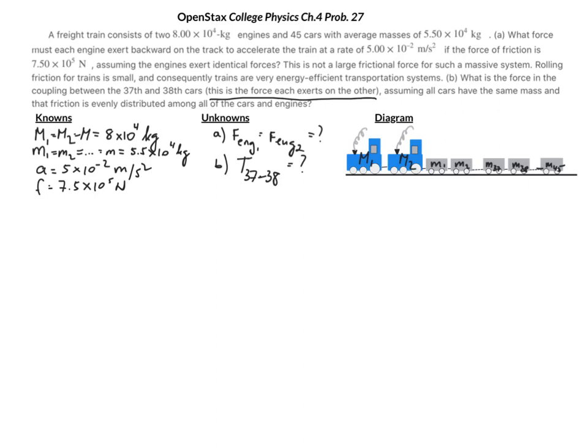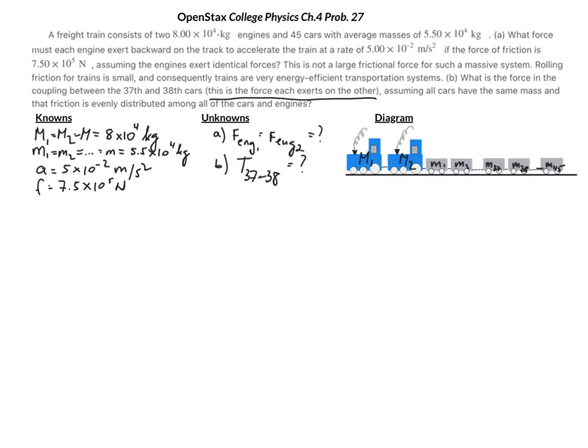All right. So I know that the engines will exert enough force to move themselves and all of the 45 cars and overcome the friction force. And as a result of that, they move at an acceleration of 5 times 10 to the negative 2 meters per second squared.